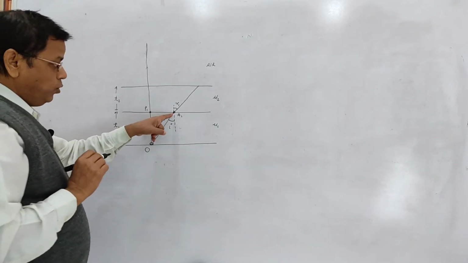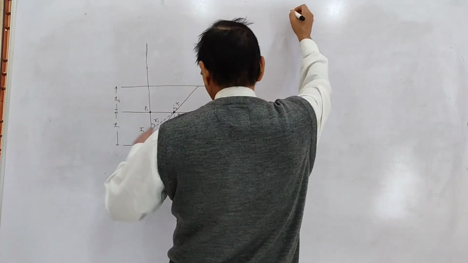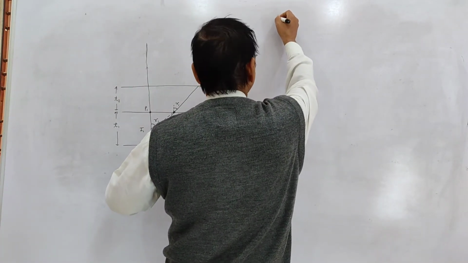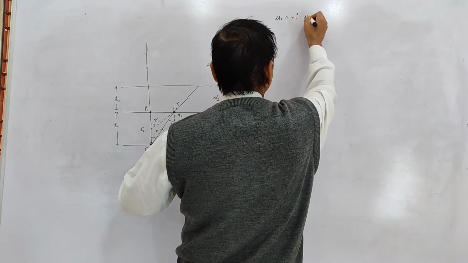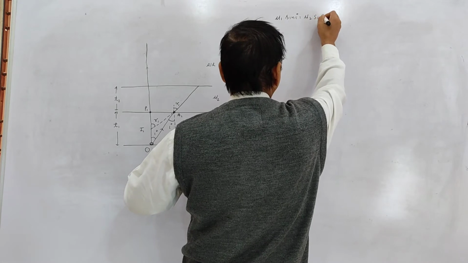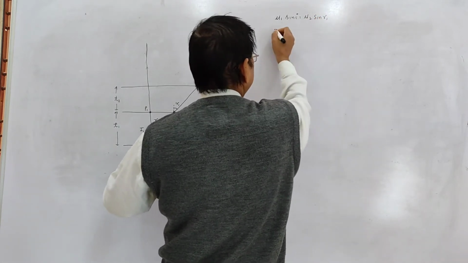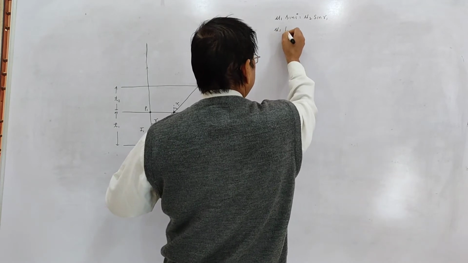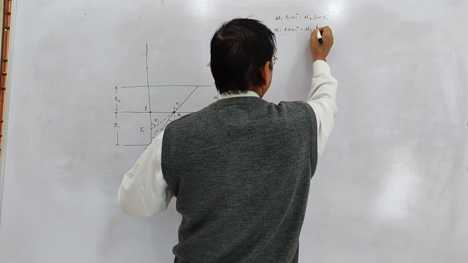So applying Snell's law at point A1, we can write mu 1 sin i is equal to mu 2 sin R1. Now here the angles are small, so mu 1 tan i is equal to mu 2 tan R1.